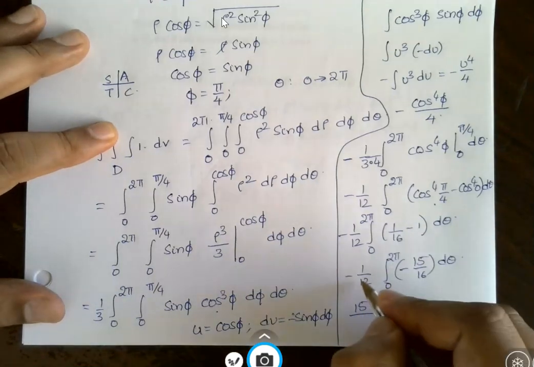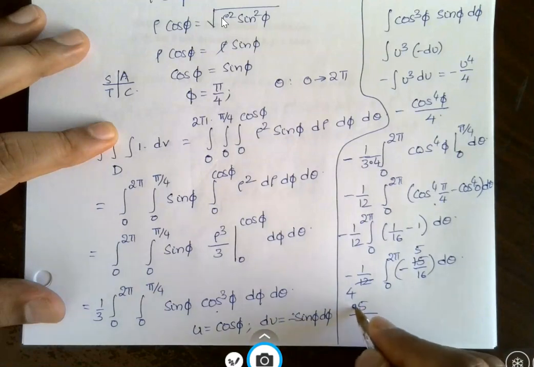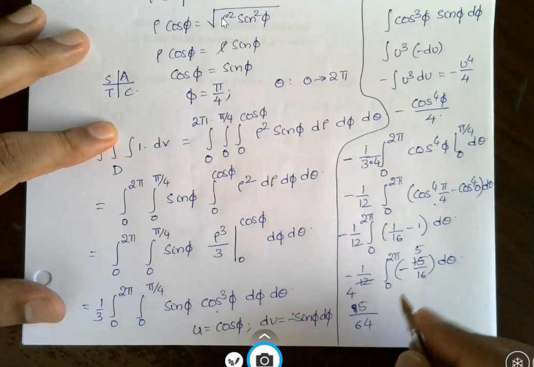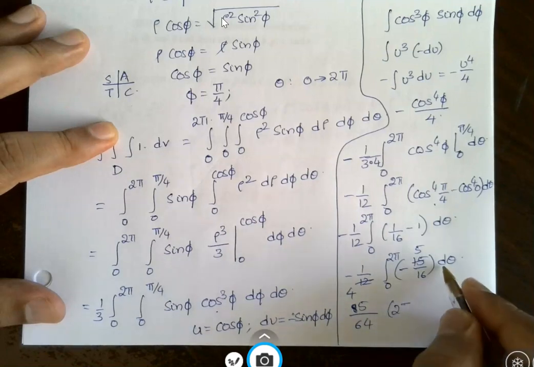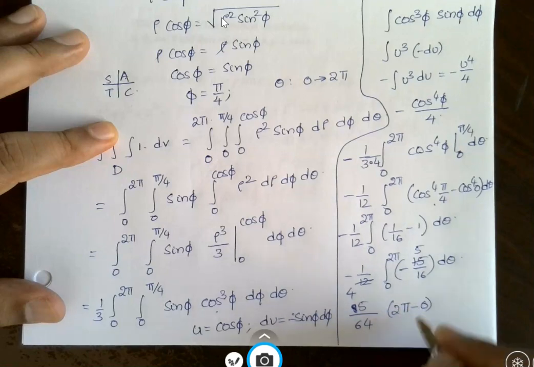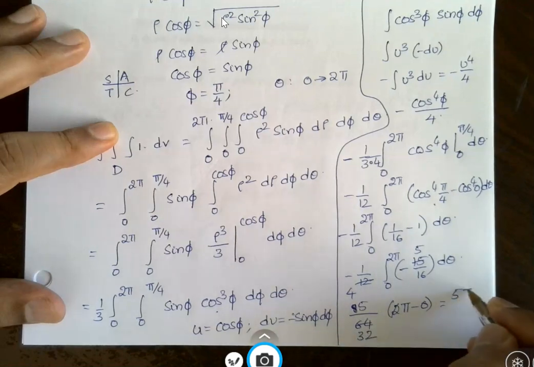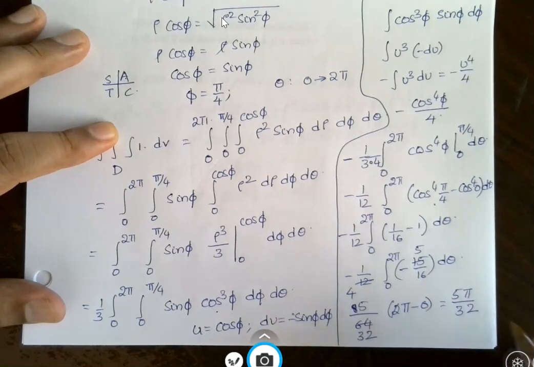Maybe we can cancel 3 fours and 3 fives here. So 5 over 64, where the integral of d theta is theta, and upon substituting you get 2 pi minus 0. So 2 goes into 64 32 times, so you get 5 pi over 32.